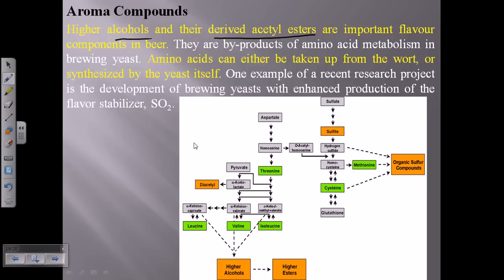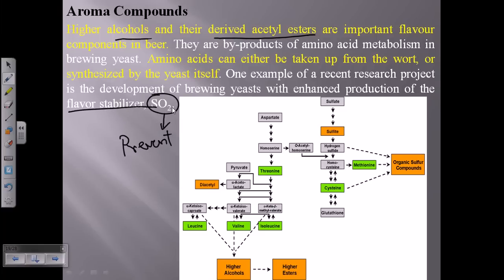So that's another important concept, that it can be directly taken from wort or can be synthesized by the yeast, right? One example of recent research is the development of brewing yeast with enhanced production of the flavor stabilizer, which is SO2 or sulfur dioxide. Sulfur dioxide can act as a flavor stabilizer, as well as a material to prevent contamination.